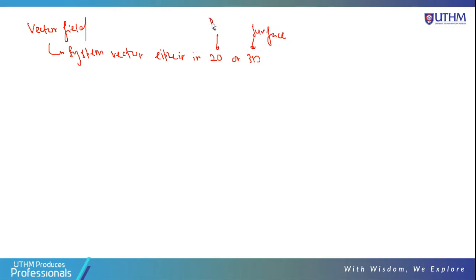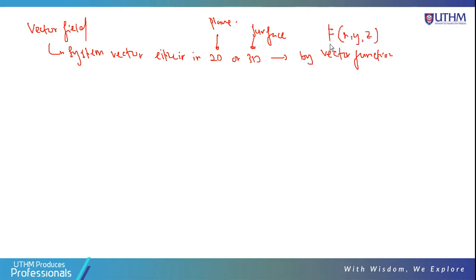So we have the direction. In 3D, it is given by a vector function. I explained the vector function earlier. The vector function is in the form F of x, y, z.